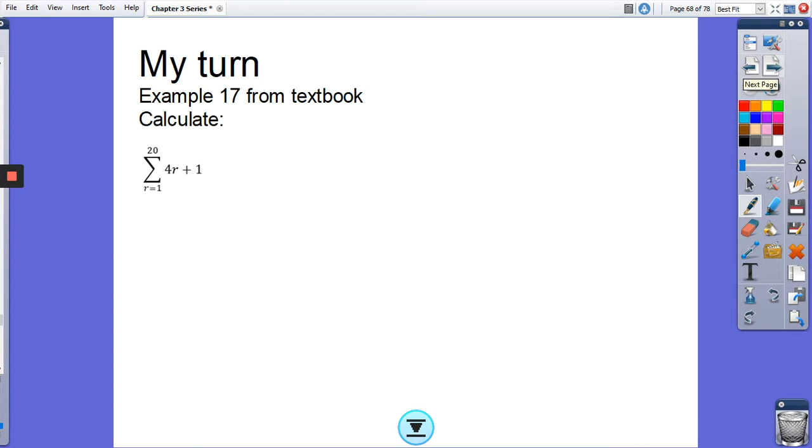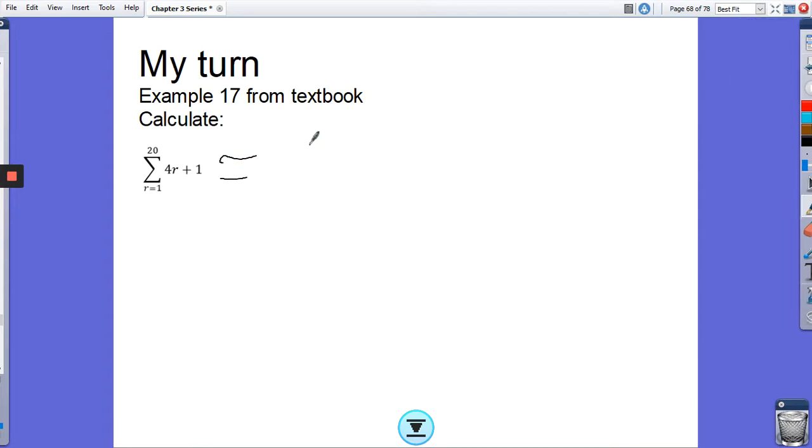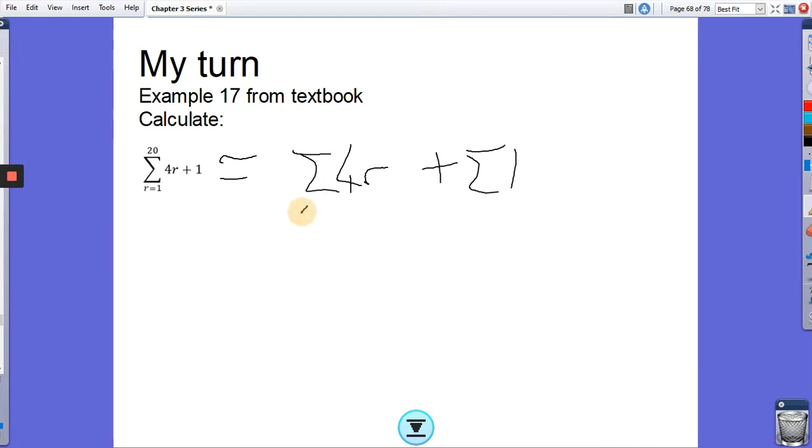What we can also do, like we can with integration, is split this up into two different summations. So this is between r is 1 and 20, and r is 1 and 20. So you've got those two there.